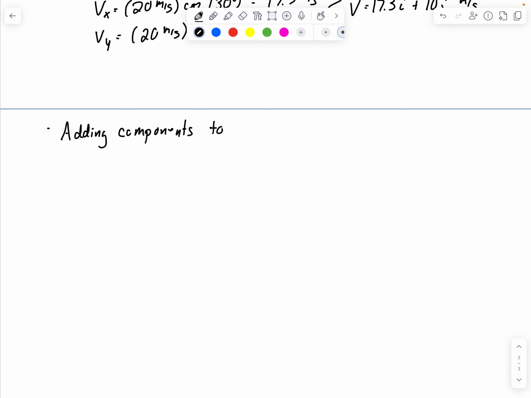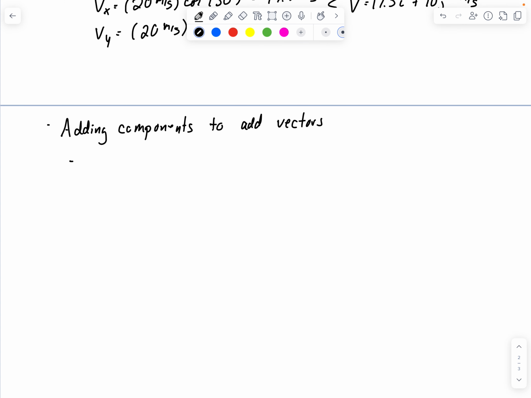So, adding components to add vectors. Say we have some vector, which we'll call A, and A has an x component, which we'll call A sub x, acting in the i direction, plus A sub y, the y component acting in the j direction.